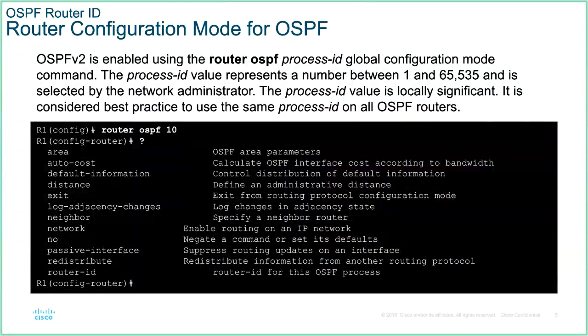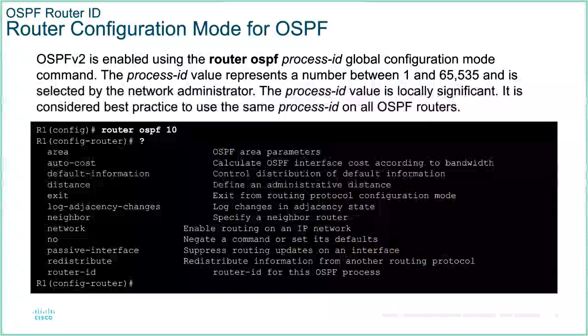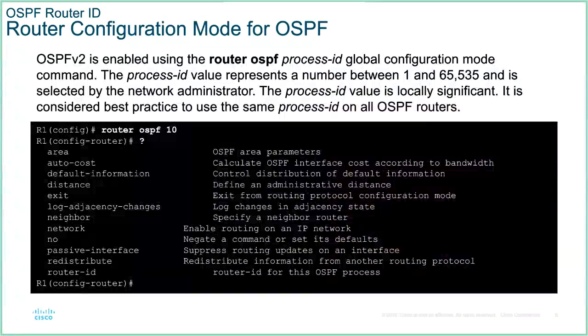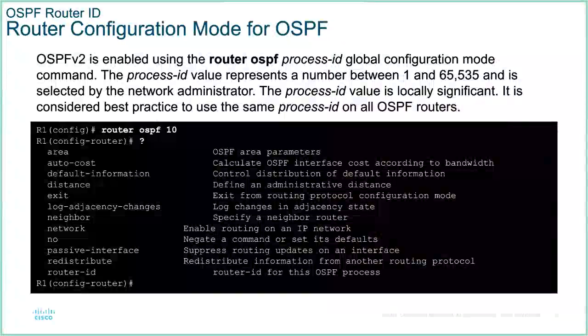Why would we want to do this? Well, when we set up multiple areas on routers that share resources, but we don't want them to share routing information, we want them to run as different instances. There aren't very many occasions that I can think of off the top of my head where you want to do that.